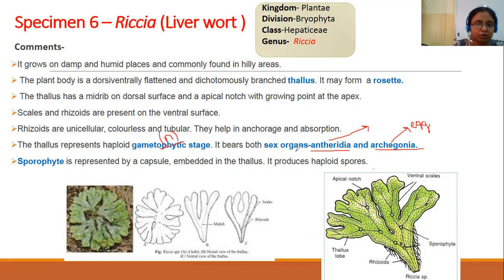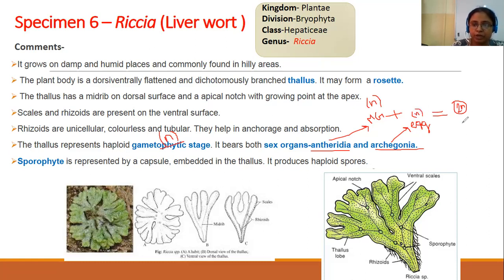Fine. Now what will happen when the male gamete is formed? During fertilization, what will happen? The male gamete will fuse with the female gamete, and it results in the formation of a zygote. This zygote is diploid. How is it formed? It is formed by the fusion of N plus N, that is, male plus female gamete, and it results in the formation of a zygote, which is 2N.